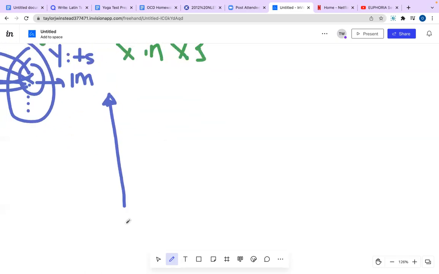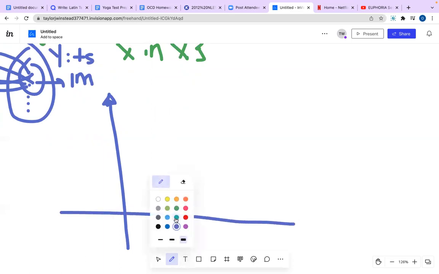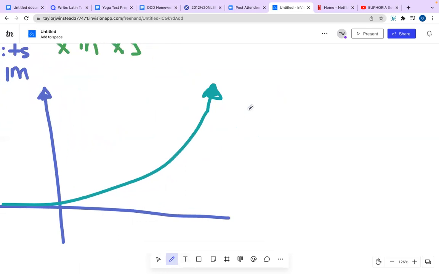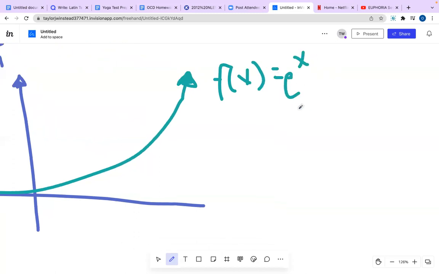But here's another way of thinking about image. We're going to take this function, and right now we're just dealing with functions. So the image of, we've got this exponential function f of x equals e to the x, from R to R, a flashback to pre-cal and algebra 2.